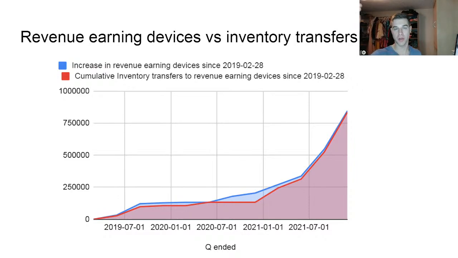So just the total value of those. And then what is, in total also, the addition of every quarter, the cumulative inventory transfers to revenue earning devices, right? So how much of that inventory, again stated at cost, did they take from that asset and transfer into revenue earning devices? And you can see that this matches very closely, in my opinion.